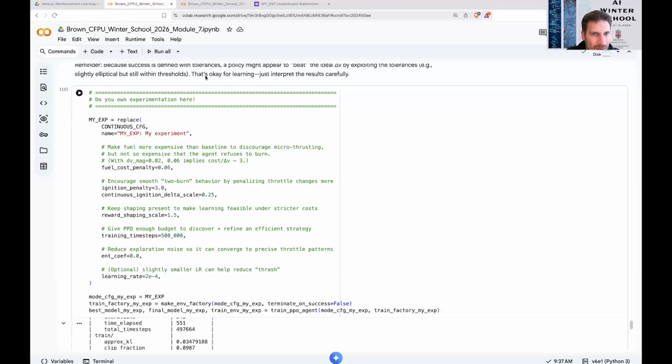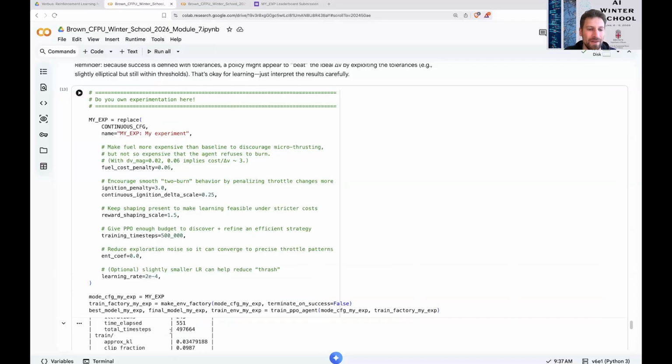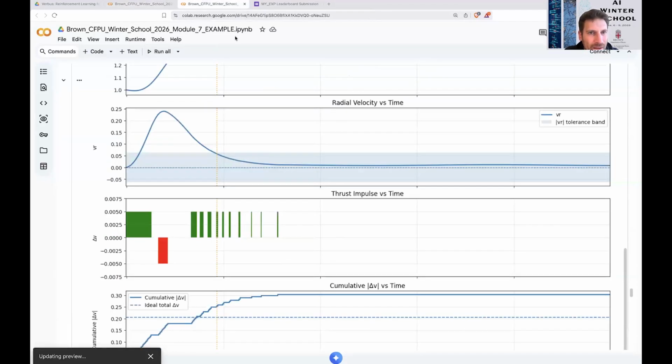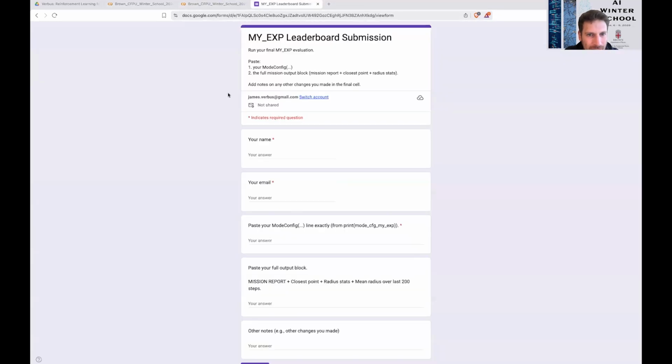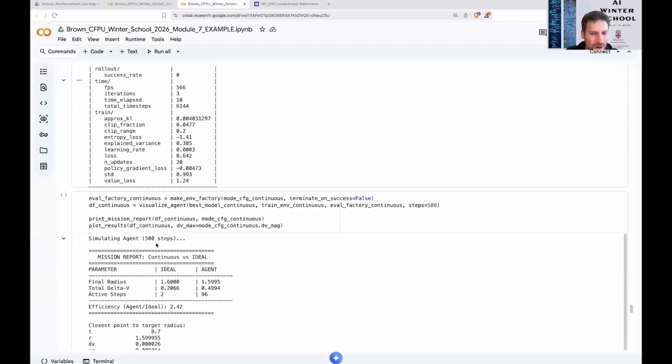And when you're done, feel free, or feel free not to, if you already got a great result, maybe you don't need to. But feel free to go to the survey and paste in your results. Once you have it running, you can go to the survey and enter your name, your email, and then there are some outputs you can share from your experiment.